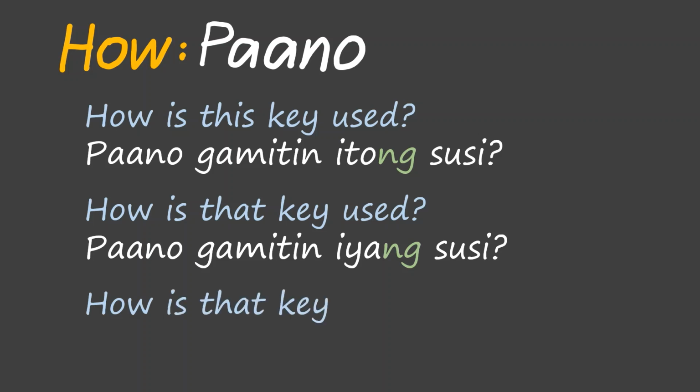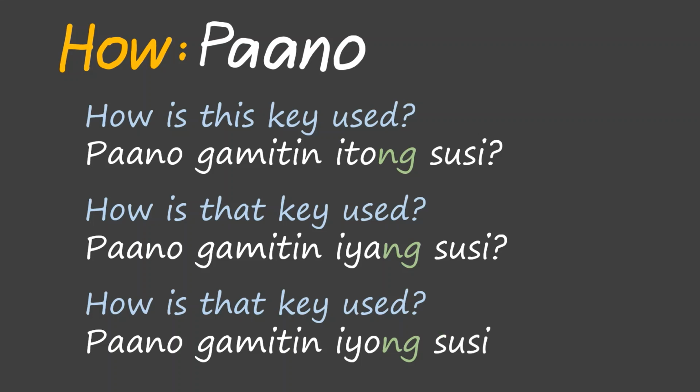How is that key used? Paano gamitin iyong susi? So the word key is susi. And because we have specified the object in question, we added an NG to the ito, iyan, and iyon. So it became itong, iyang, iyong.